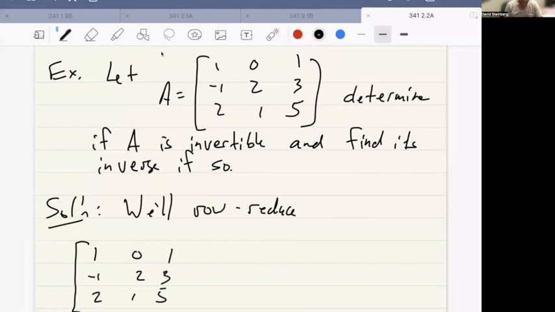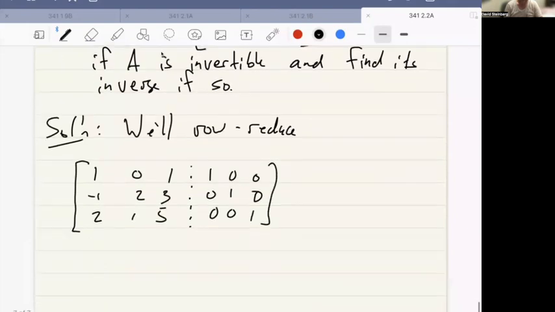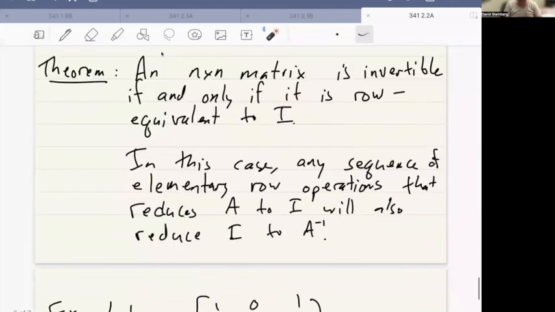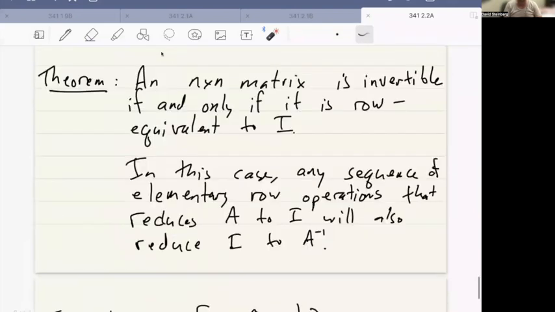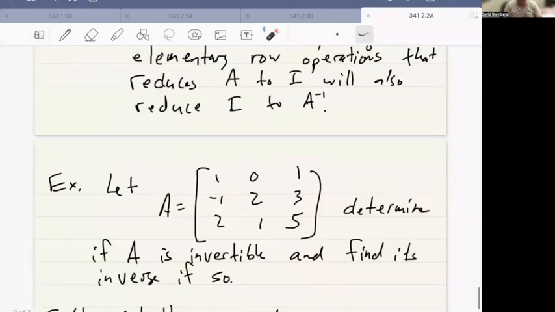This will help us keep track of the row operations we've done each time. The theorem tells us that every row operation we use to reduce A to the identity matrix, we also apply to the identity matrix, because that'll reduce it to A inverse.